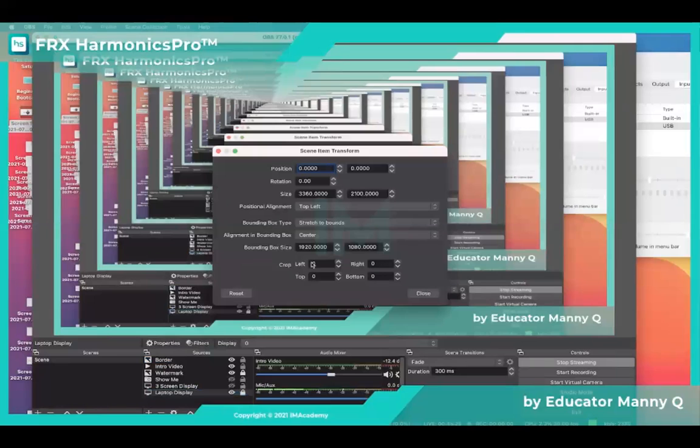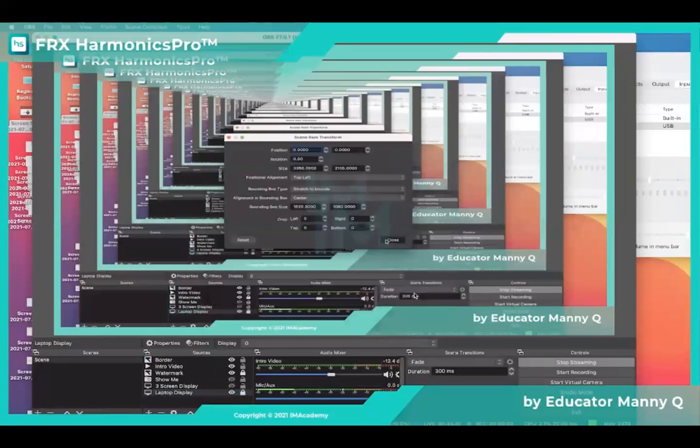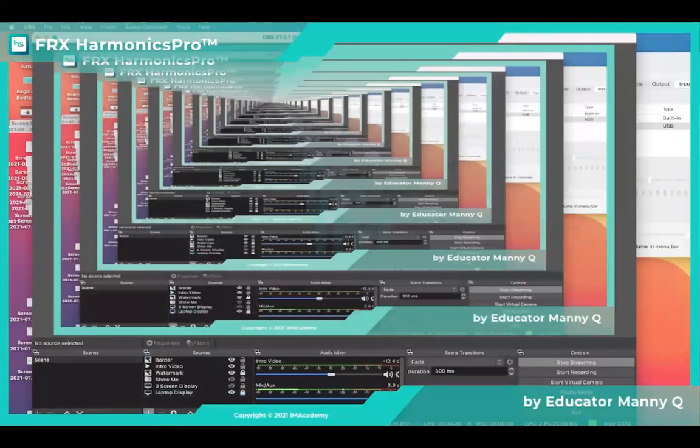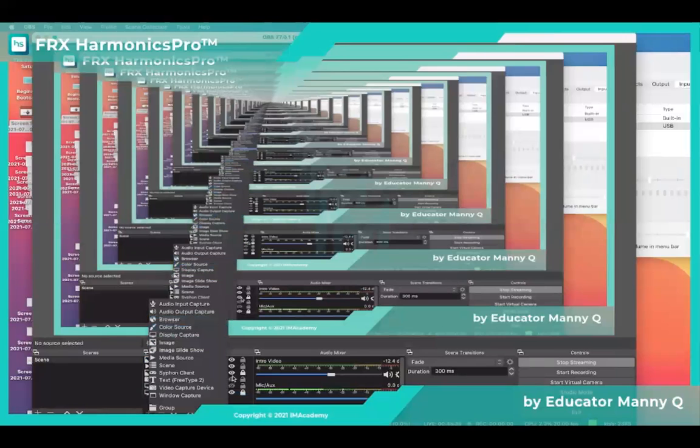Okay, edit, transform over here. Position top left. Guys, give me just one moment over here. This is bugging me to a maximum that we have to even deal with this.